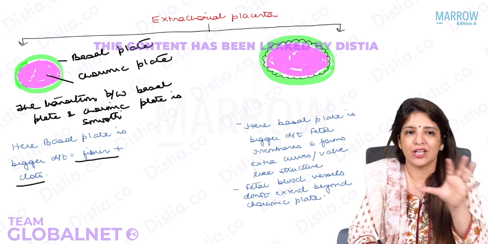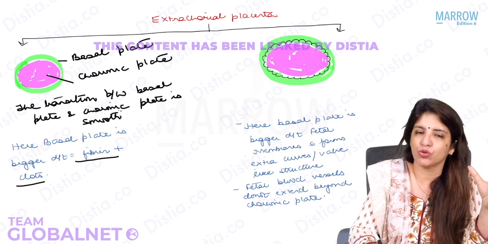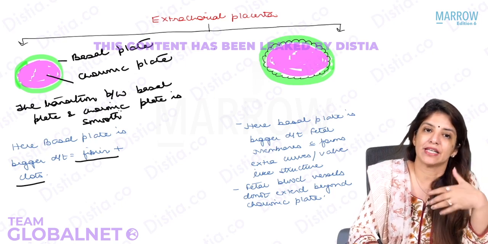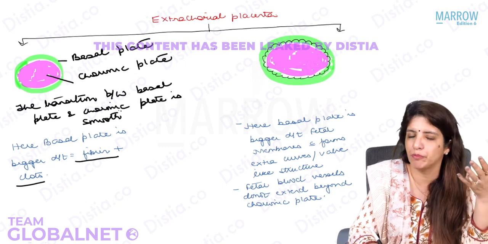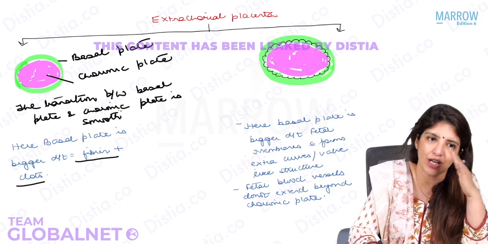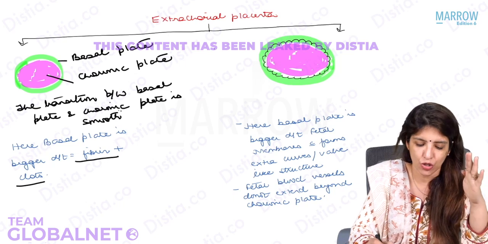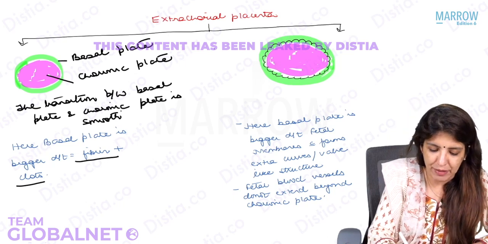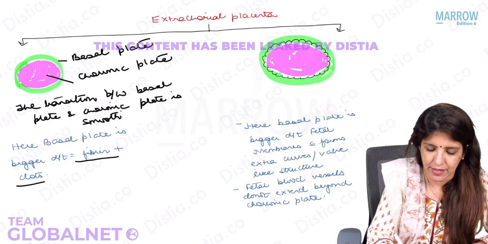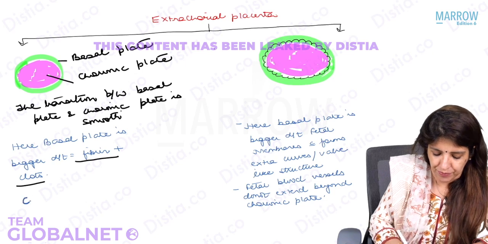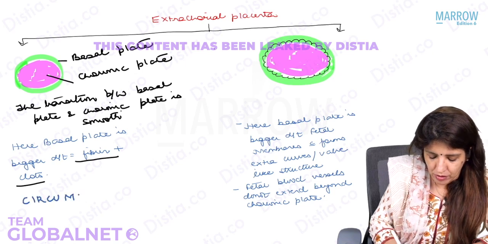Right? So the transition between basal plate and chorionic plate is smooth. So the basal plate is surrounding the chorionic plate in the form of a ring, but the transition between them is very smooth. Right? Such a placenta is called a circummarginate placenta.